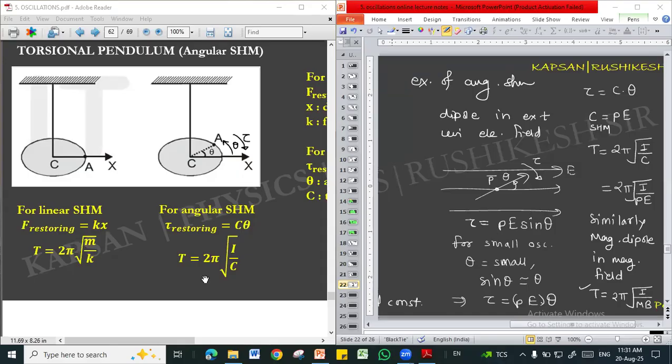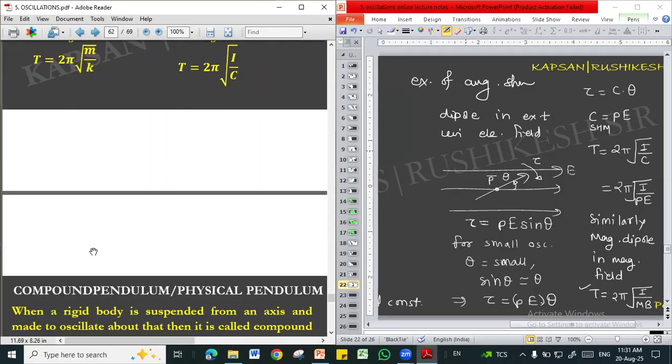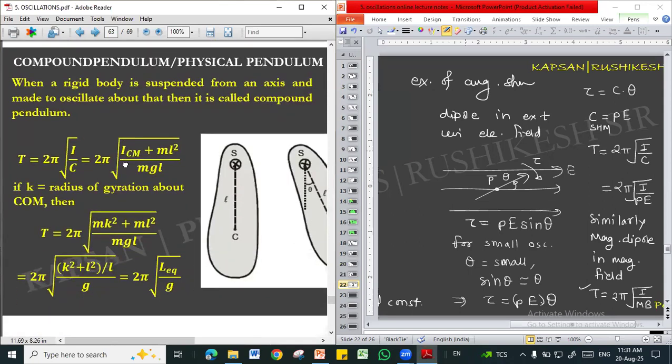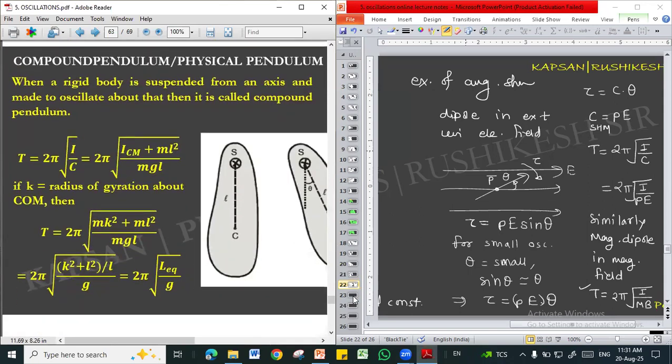Tell me, what is the unit of C? Newton meter upon radian. Torque is Newton meter, theta is radian. Up to this, anyone has any doubt?